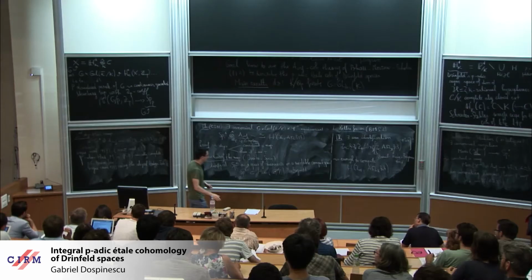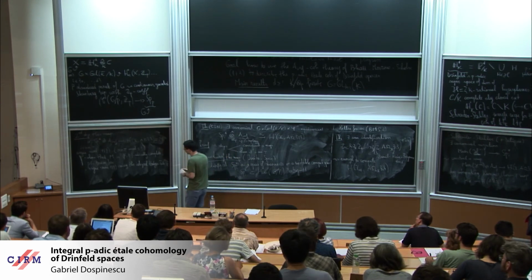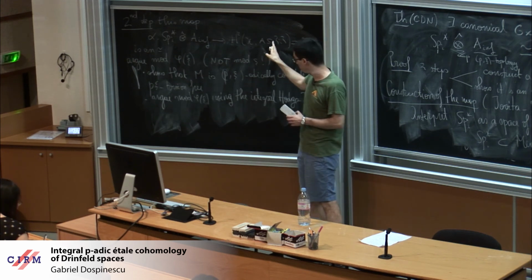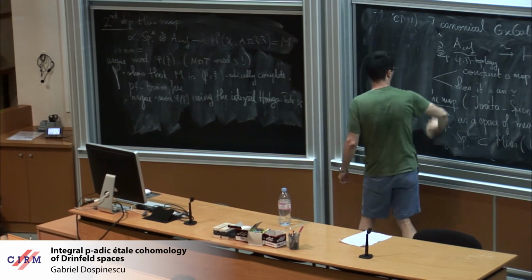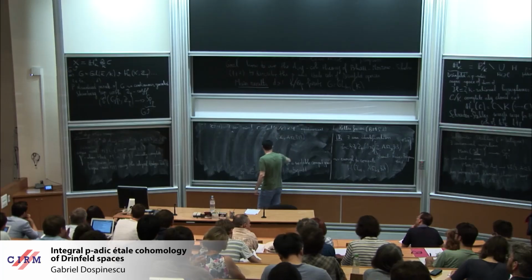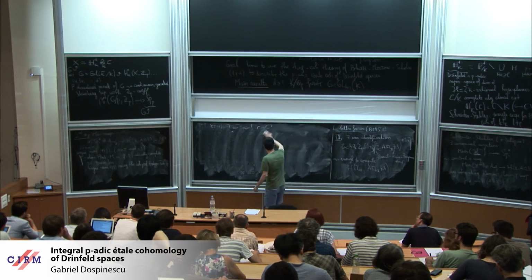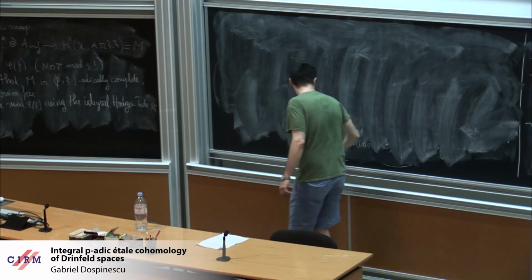So what is this integral spectral sequence? Well, it's a spectral sequence for the hypercohomology of the quotient of this guy by φ(ψ). So this uses the Hodge-Tate comparison, but really the integral one.